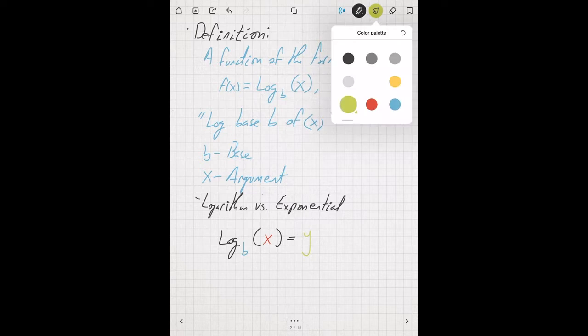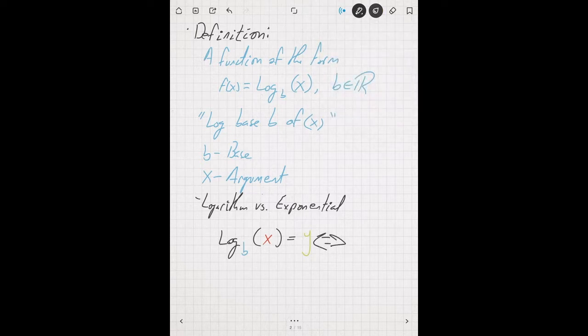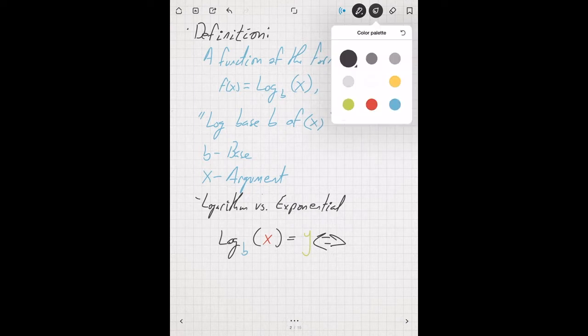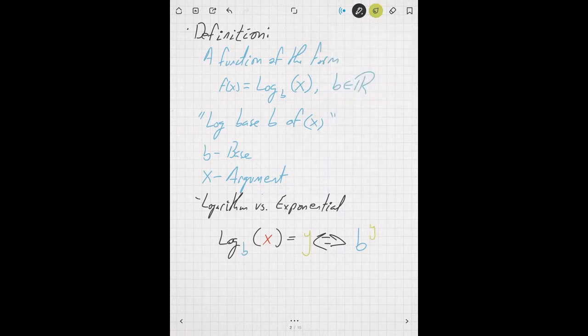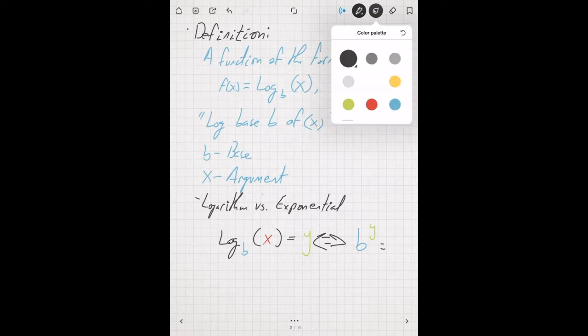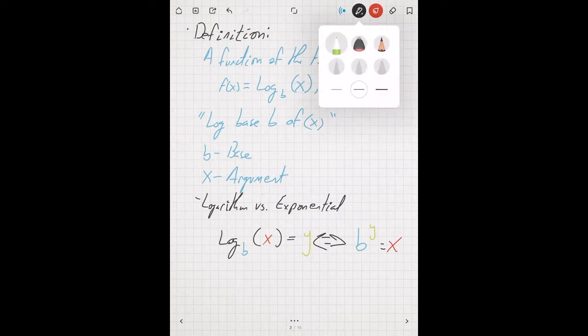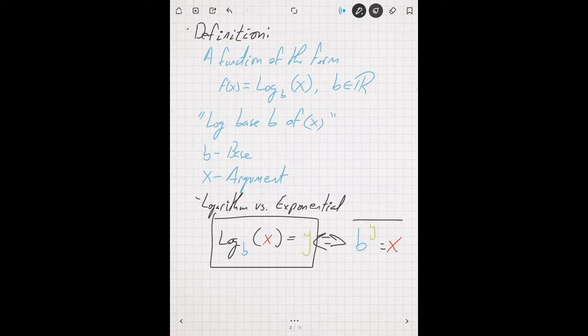So what I can say is, if this is the logarithmic expression, I can rewrite this to be an exponential expression. It would be b to the y power equals x. On the left-hand side here is the logarithmic, and on the right-hand side is the exponential.